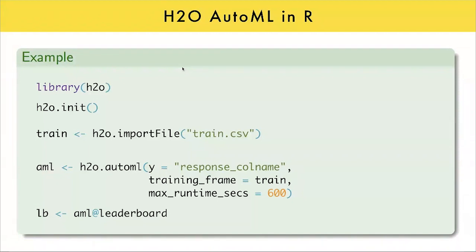To load some data in, we would use h2o.importFile, or if you already have some data in memory in R, you can convert that into H2O frames. So train would be an H2O frame. And when we load the file using h2o.importFile, it doesn't have to be a CSV, it could be a whole different number of things, or it could be an S3 location or HDFS location. It's a versatile tool.